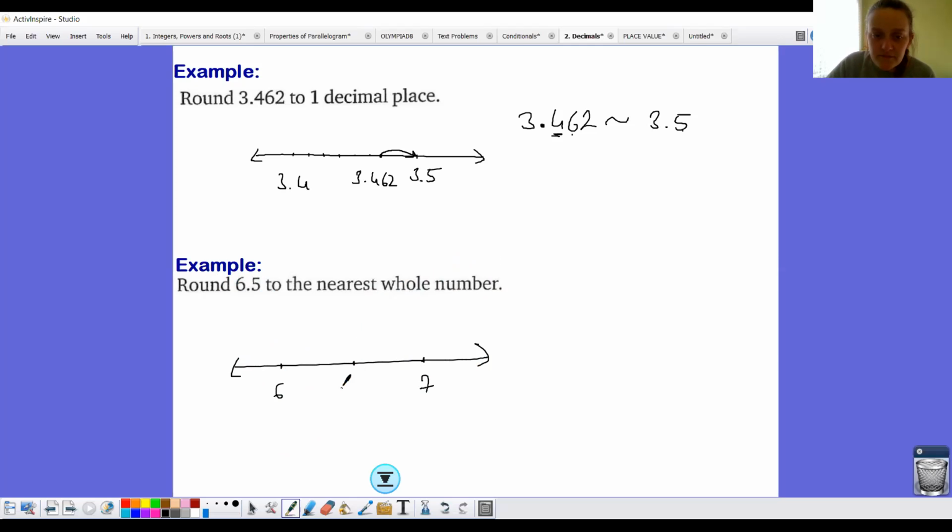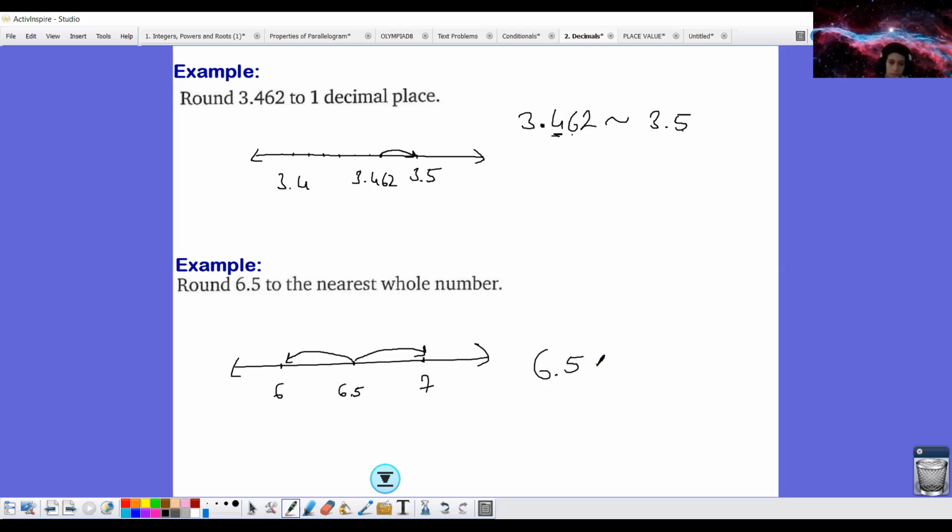It's in the middle. It is the same distance to 6 and the same distance to 7. But it will be 7. In these cases, you are taking the bigger one. So 6.5 will be rounded to 7, okay?